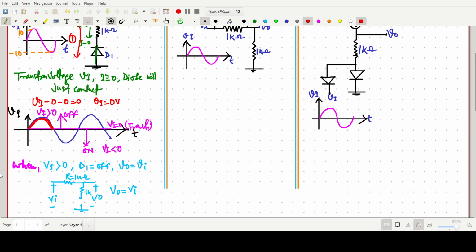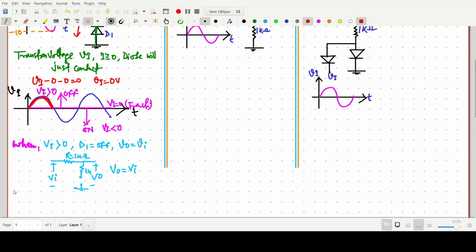Clear? And in the negative half, Vi less than 0, D1 will be in the on state, so the circuit will be like this, and the diode is shorted. Here is V naught, with 1 kilo ohm and 1 kilo ohm, and this is Vi.